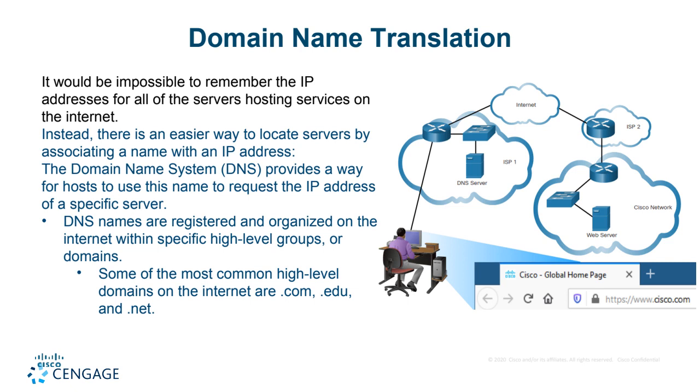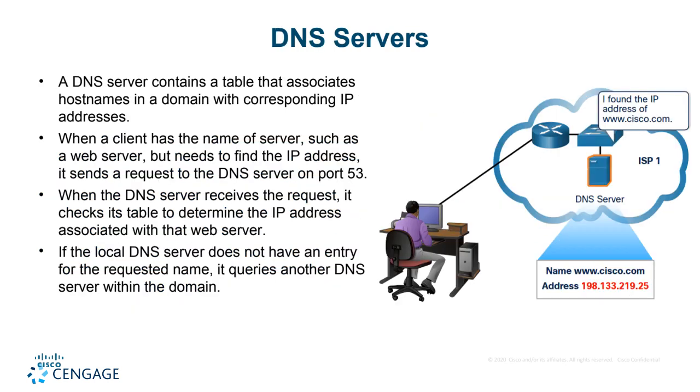And the DNS names are registered and organized on the internet, such as .com, .edu, .net. DNS servers contain a table that associates host names in the domain with corresponding IP addresses. We have already mentioned that.